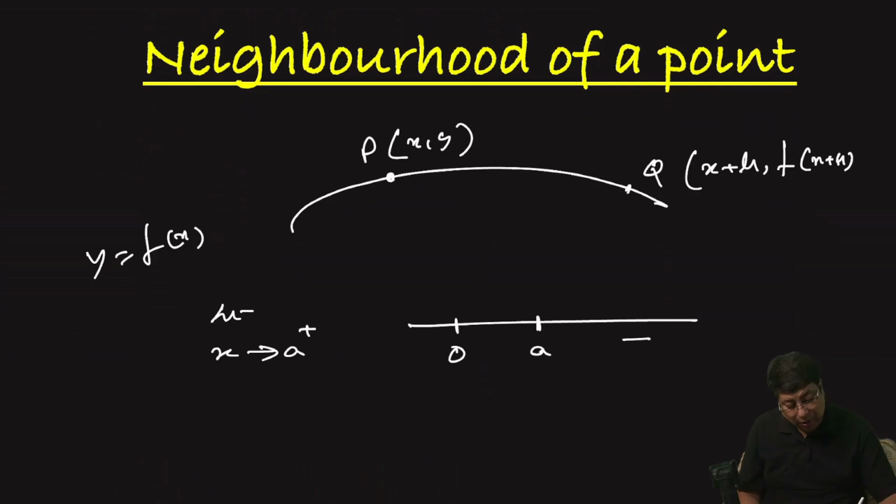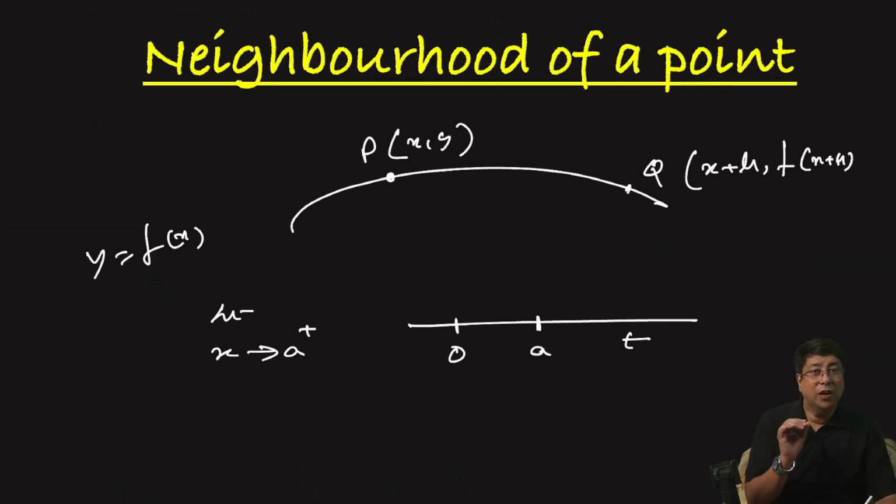How much nearer will it come? Limit x tends to a plus or a minus, very near to point a, such that, remember one thing, we cannot find a closer point.